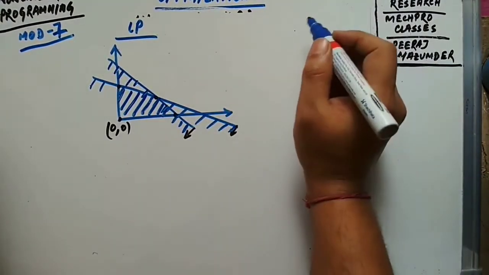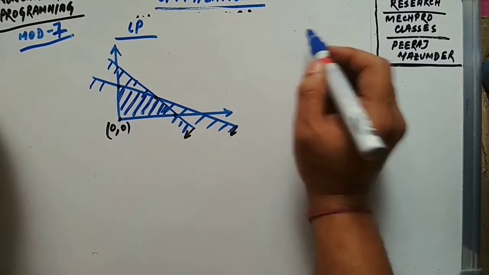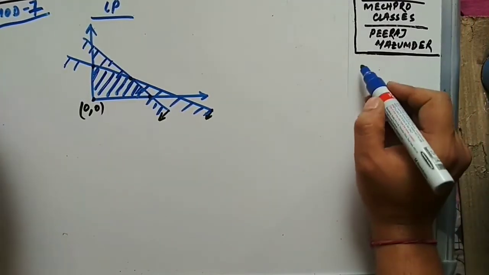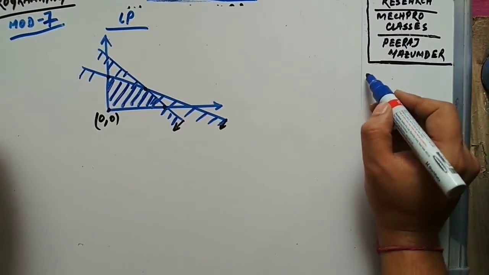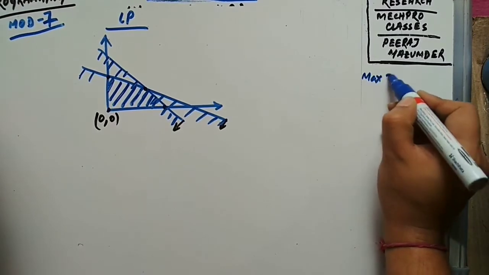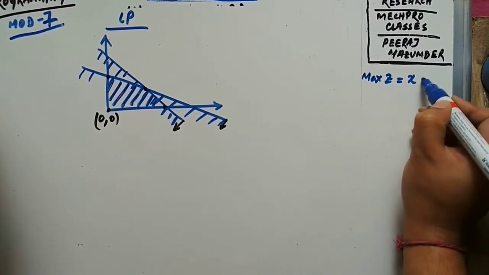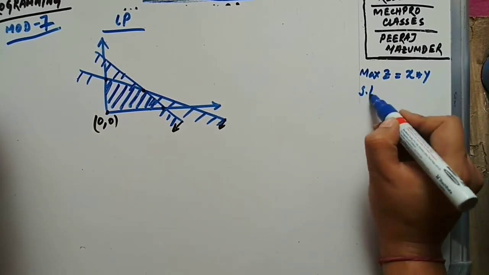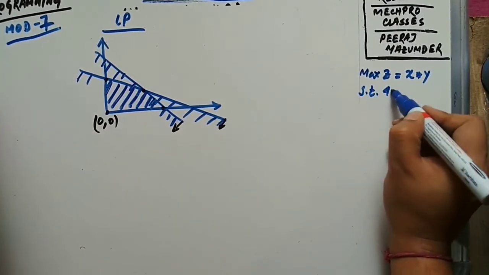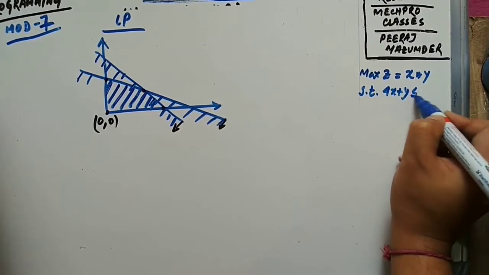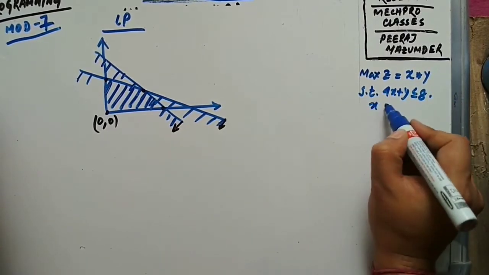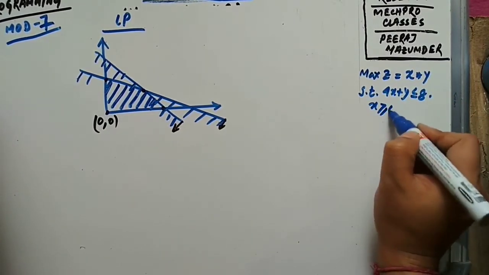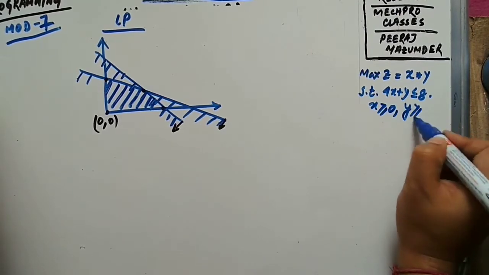Say we have a problem like this one: maximize z equals x into y, subject to x plus y less than or equal to 8, and x should be greater than or equal to 0, and y should also be greater than or equal to 0.